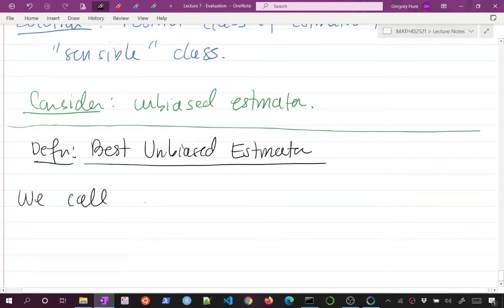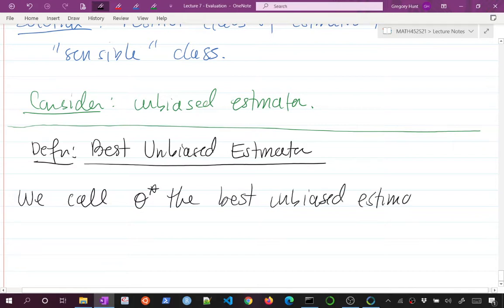We call, let's just call it theta star, the best unbiased estimator of, and you could say theta, but you could also look at some function of theta.